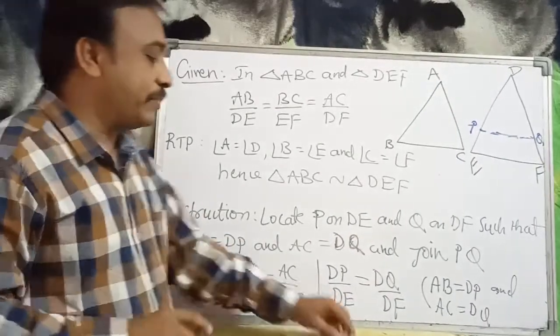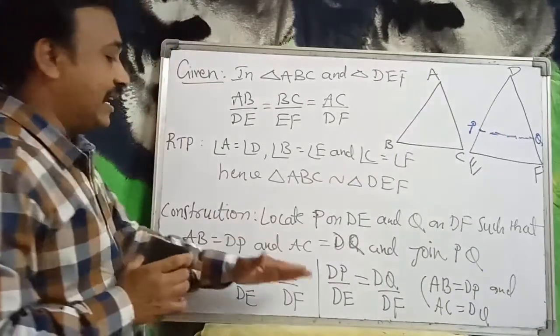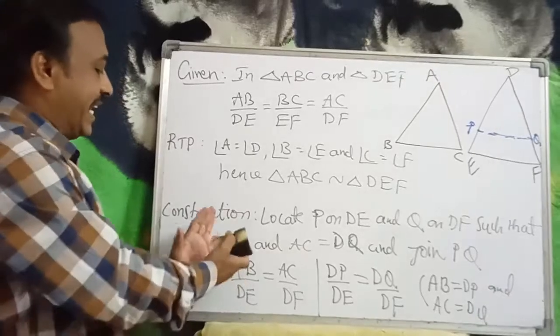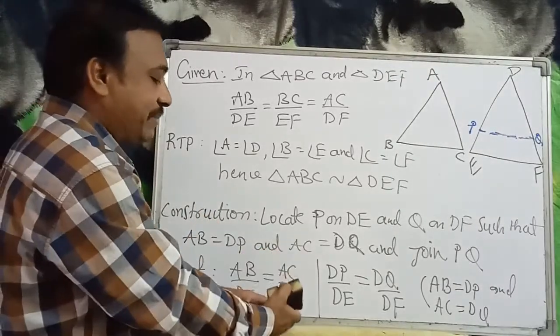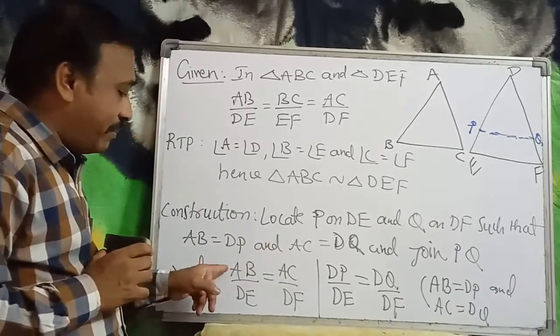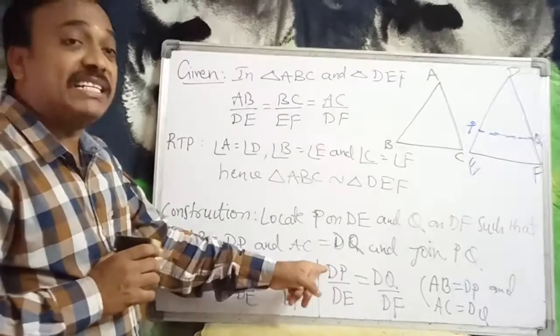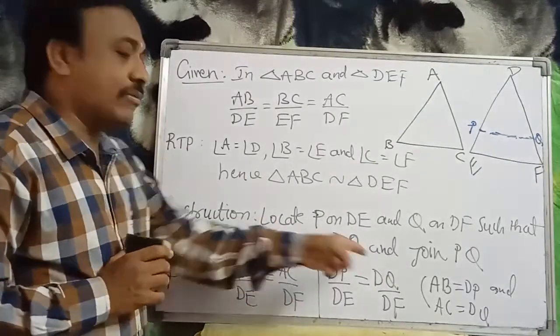The sides are in proportion. After this, we took from the given AB by DE is equal to AC by DF. Now AB is equal to DP according to the construction, and AC is equal to DQ.